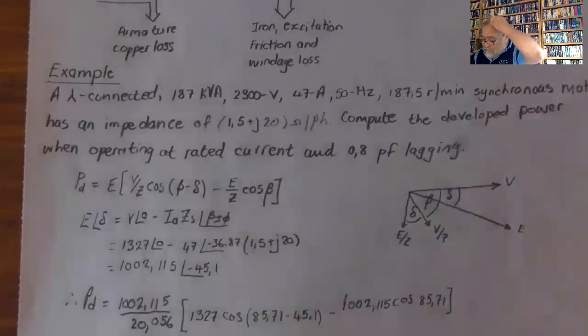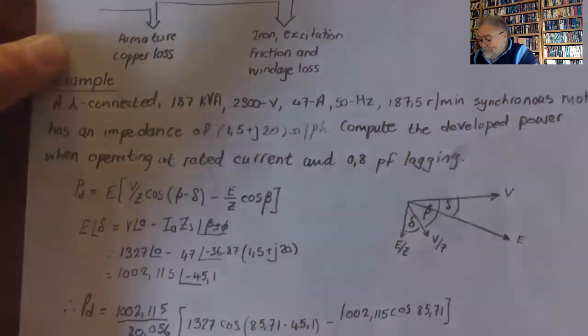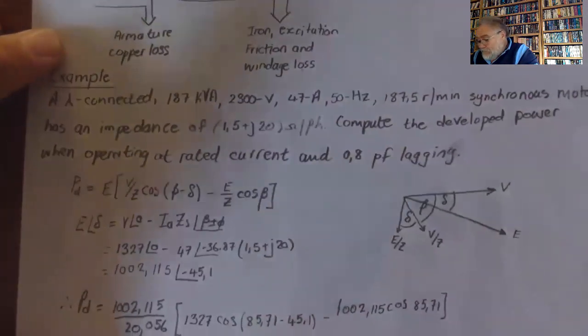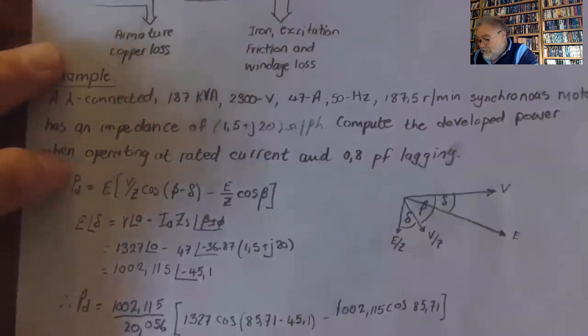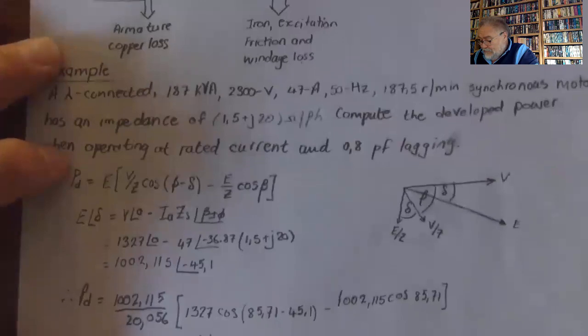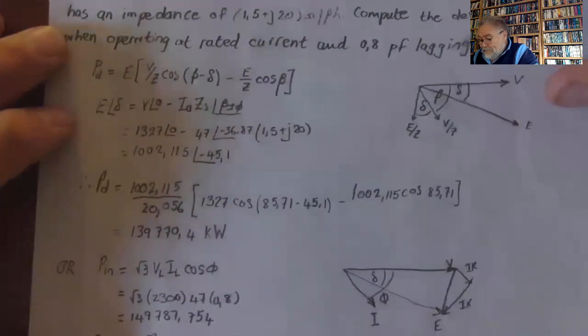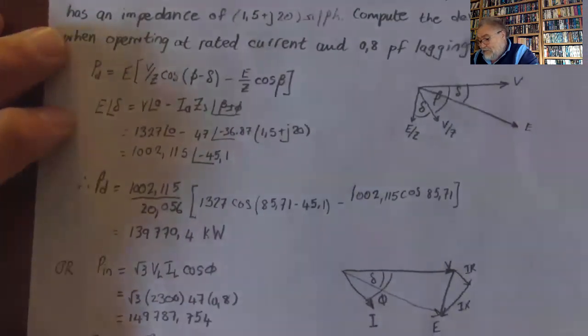Now we can determine the developed power, which is E times V over Z cos beta minus delta minus E squared over Z cos beta. If we substitute that in our equation, we get 139.770 kilowatt.